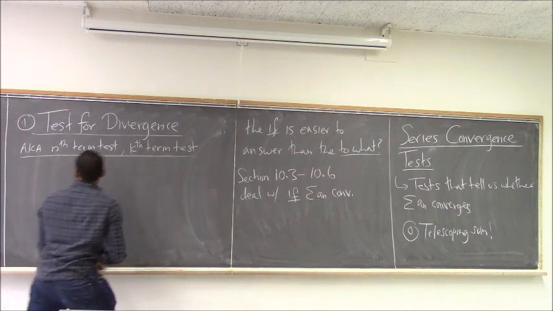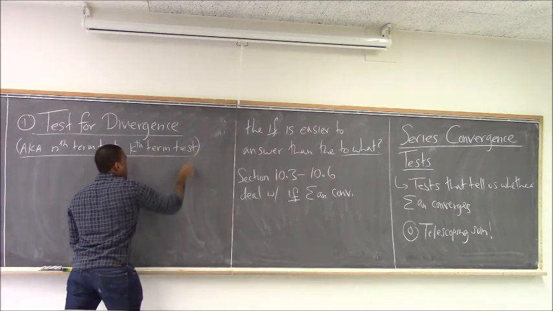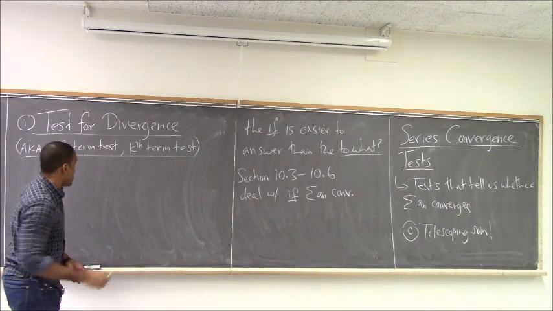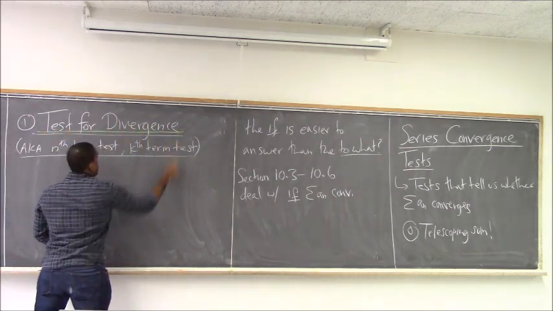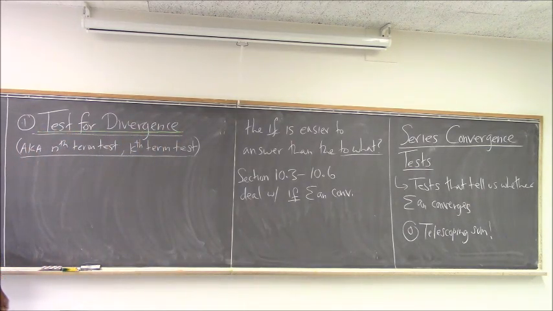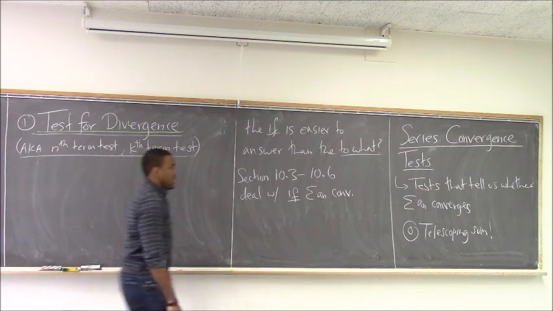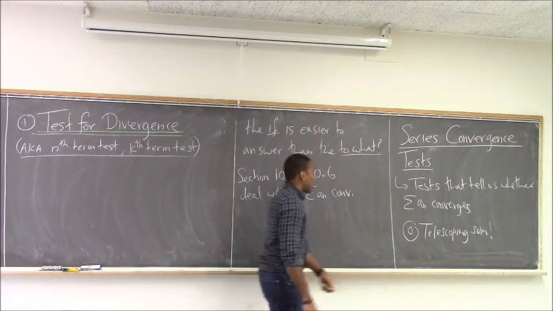Some people call it the limit test, but I think thinking of it under this name is much nicer because it tells you about divergence. It actually won't tell you that something converges, it'll actually tell you when the convergence is not going to happen.